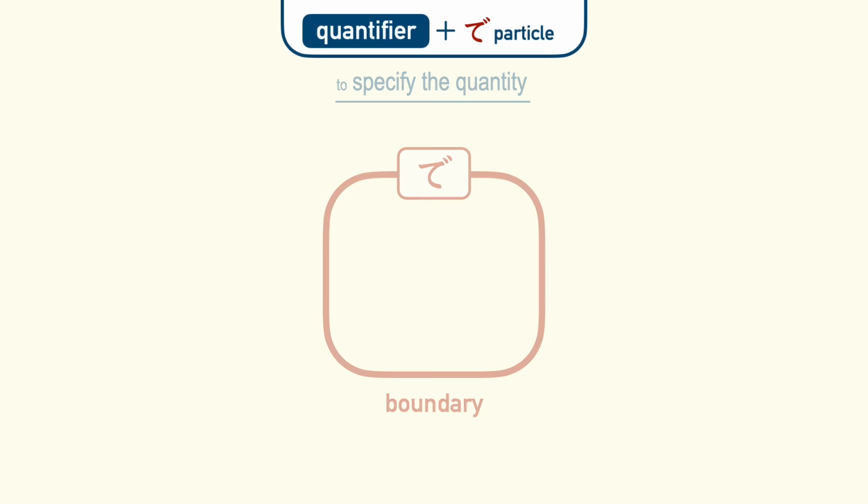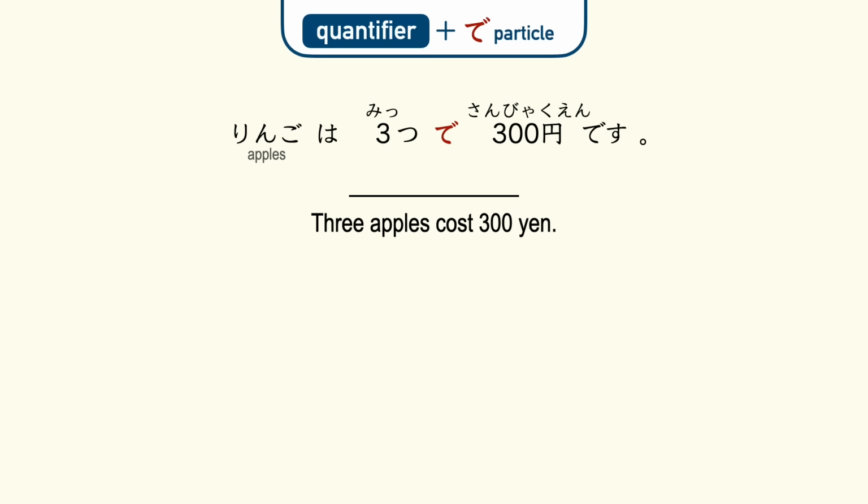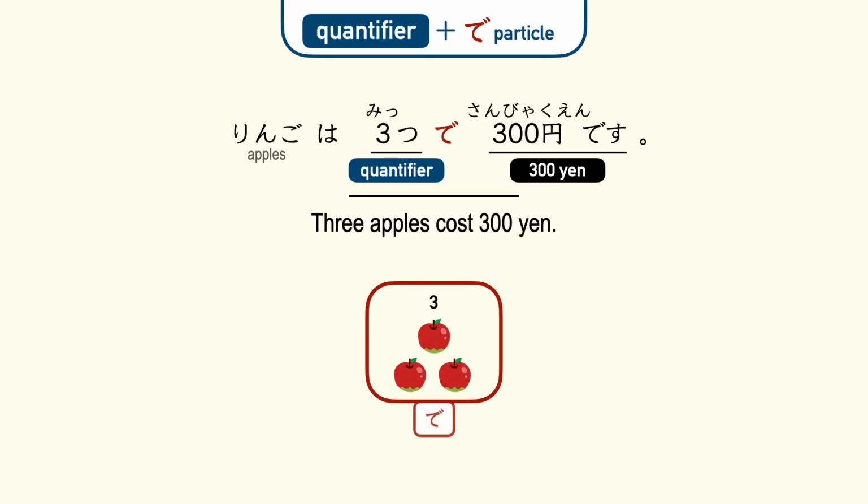Let's look at examples. 3 apples cost 300 yen. In Japanese is リンゴは3つで300円です。The de particle sets a boundary and groups the 3 apples together as one unit.